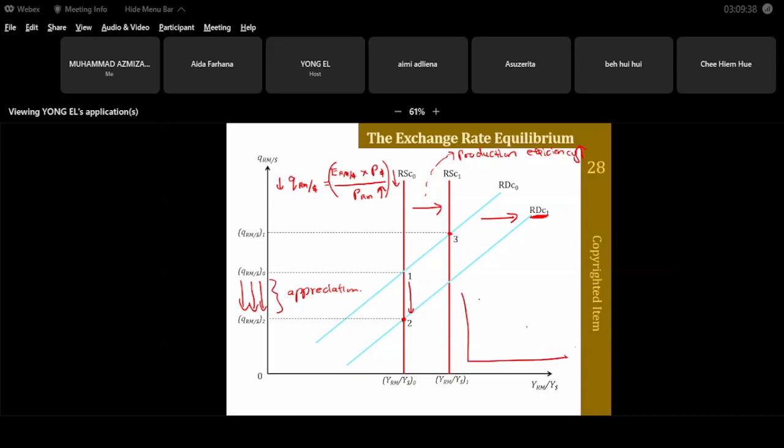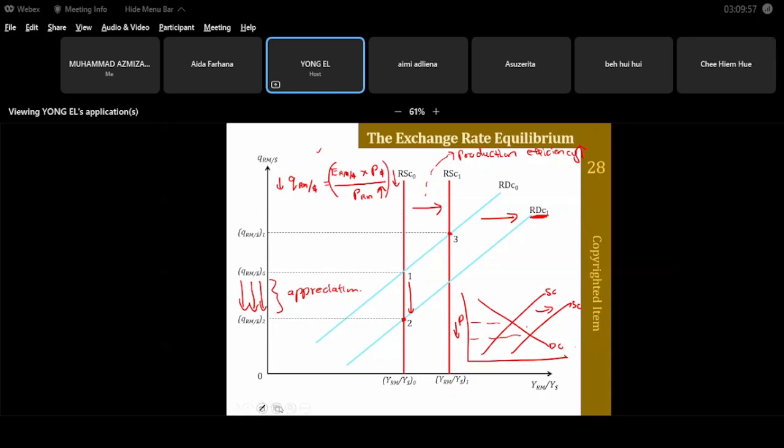Okay, really quickly. This is demand supply. Supply curve shifts to the right side. And what happens is the price decreases. Okay, the price decreases based on our real exchange rate equation here.